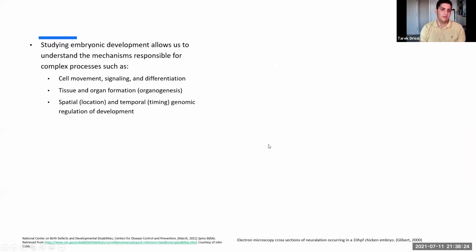So studying embryonic development is important because it allows us to understand the mechanisms responsible for complex biological processes such as cell movements, signaling and differentiation, tissue and organ formation, also known as organogenesis, as well as spatial and temporal genomic regulation of development.